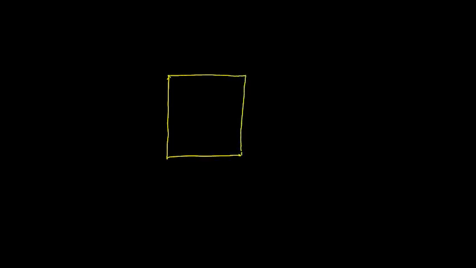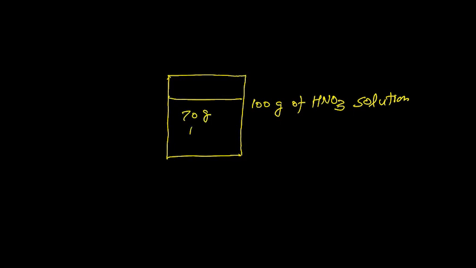It says if you have 100 grams of HNO3 solution, then it contains 70 grams of HNO3 and the rest is water. This is what it says. 70% means 70 grams is actual HNO3 in 100 grams of solution.